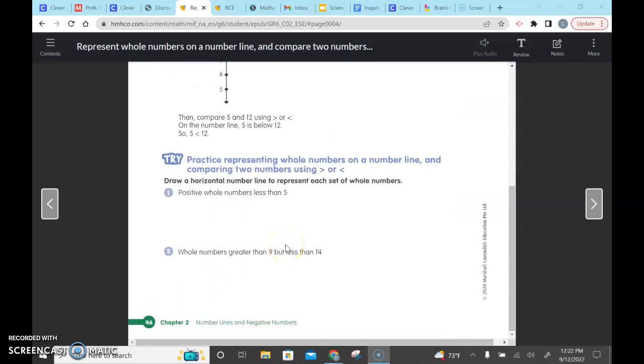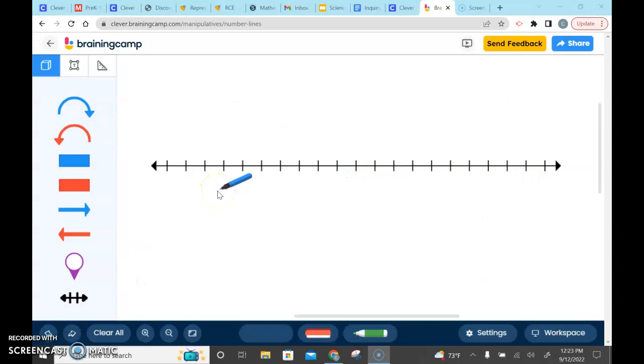Now we're going to take a look at number 1 on the bottom of page 46, and it says to draw a horizontal number line to represent each set of whole numbers. So first of all, it says positive whole numbers less than 5. So what you're going to do is draw a number line and label positive whole numbers less than 5. So let's do that together. So I have my number line like this, and it's going to look maybe a little bit different than what you have.